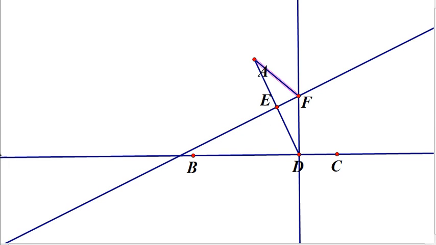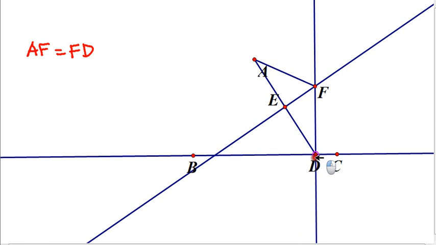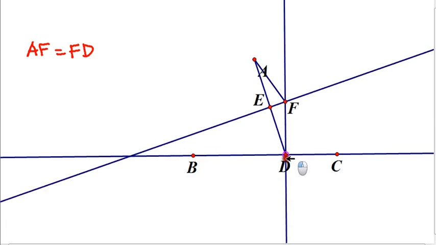Therefore we can very easily say that AF is equal to FD, under all conditions, whether D is moved to this side or this side, because EF is always perpendicular.